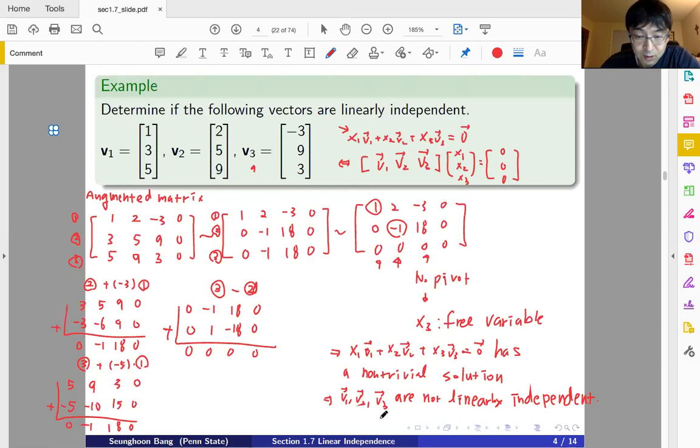So this one is linearly dependent. That's it. This is the whole idea for solving this problem.